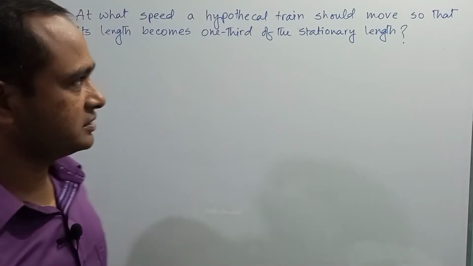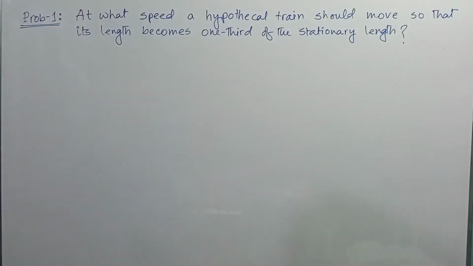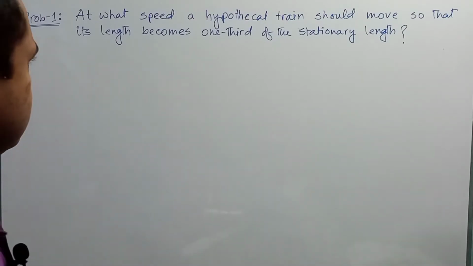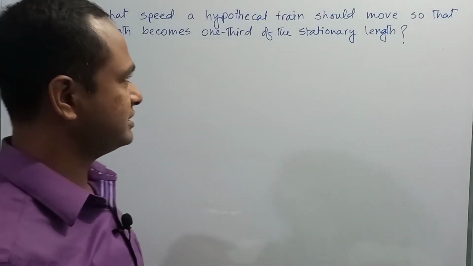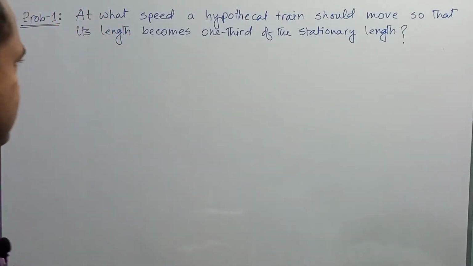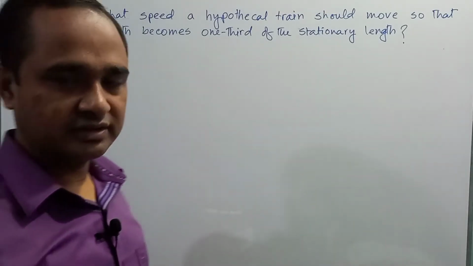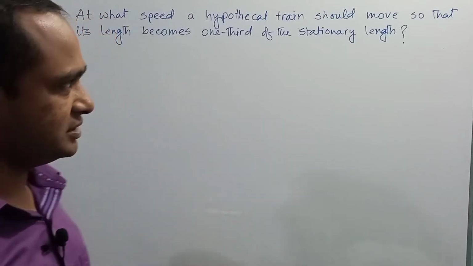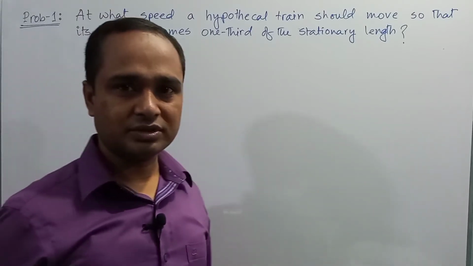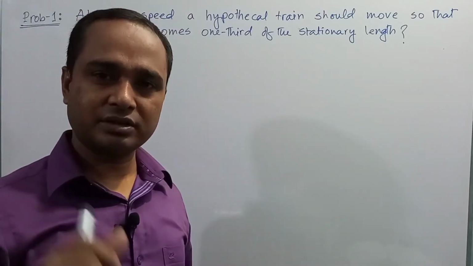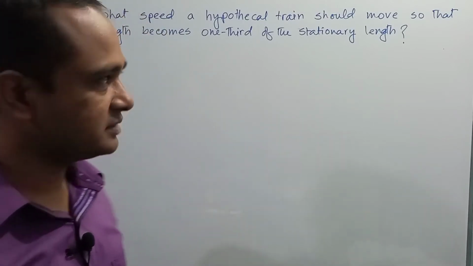Dear students, here is our first mathematical problem. The problem says: at what speed should a hypothetical train move so that its length becomes 1/3 of the stationary length? That is, at what speed does a train need to move so that the moving length will be 1/3 of the stationary length, right?